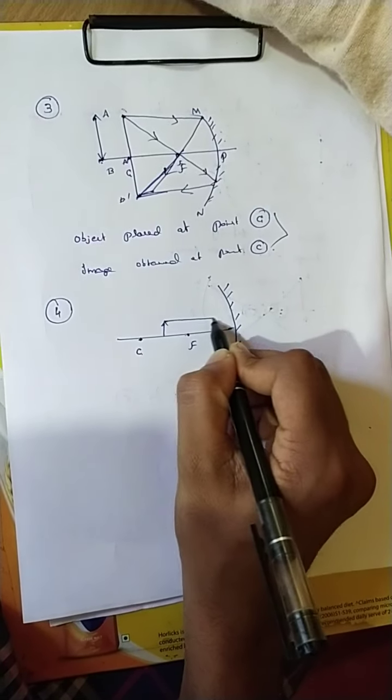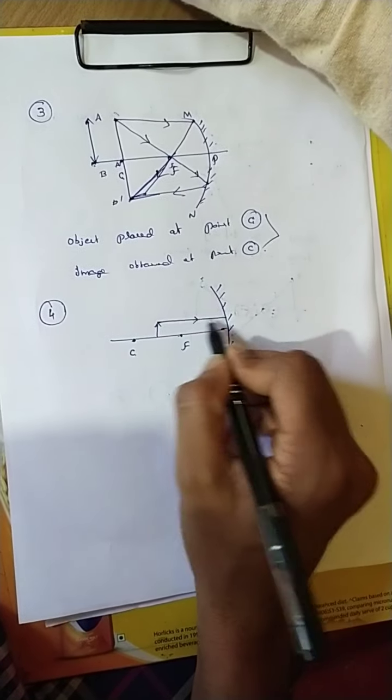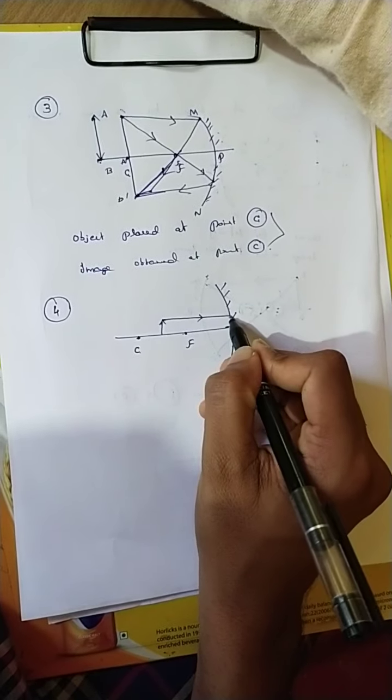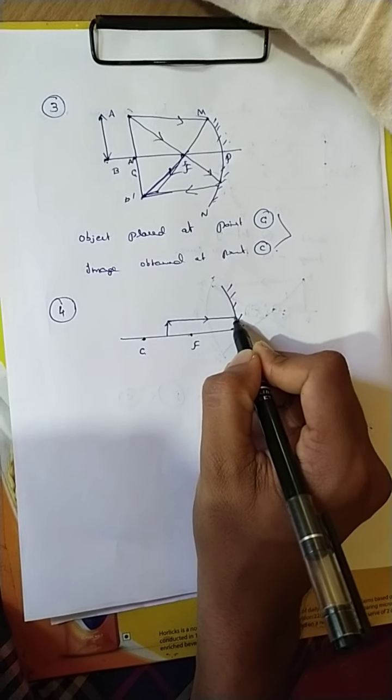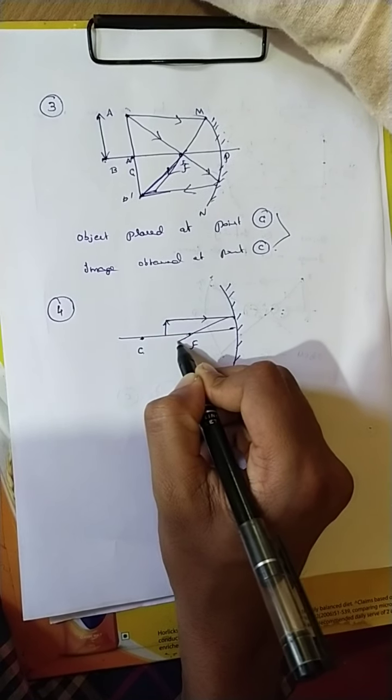This is the first ray. The first ray falls on the given reflecting surface and is reflected back into the same medium in a different direction, and it passes through the center of curvature.